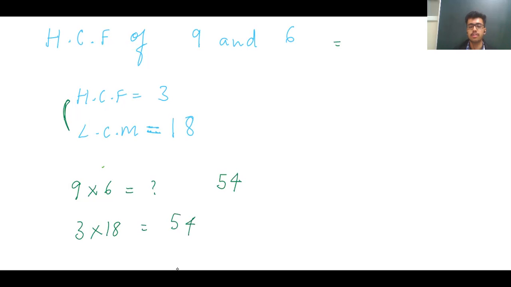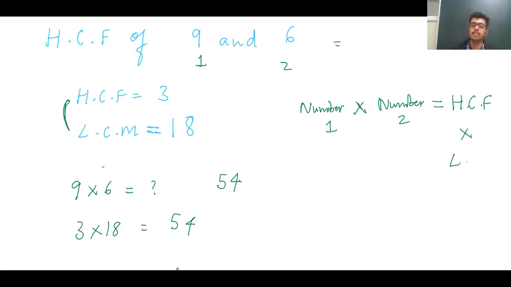So your formula is, let's say this is number 1 and this is number 2. Number 1 multiplied by number 2 is equal to the HCF of those numbers multiplied by the LCM of those numbers.